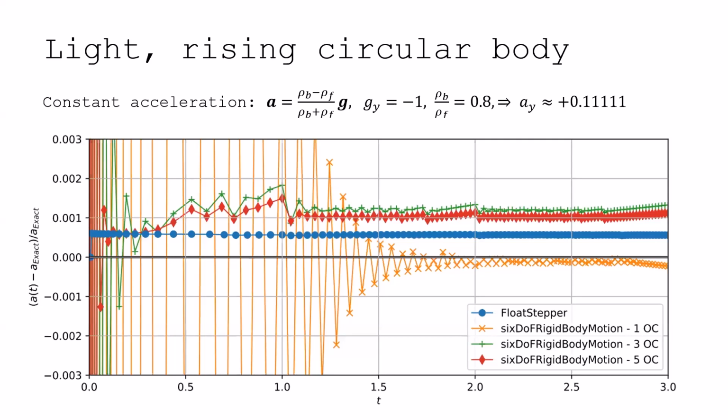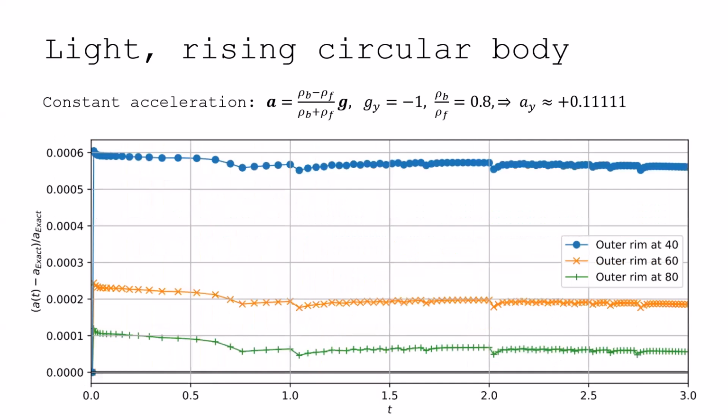Now, regarding this offset, of course, that annoyed me. So I tried to investigate various things to see what could be the cause of it. And I ended up finding that in my simulations, I use an outer rim. It's not an infinite domain, obviously, but I have an outer rim which is 40 radii of the circle away.